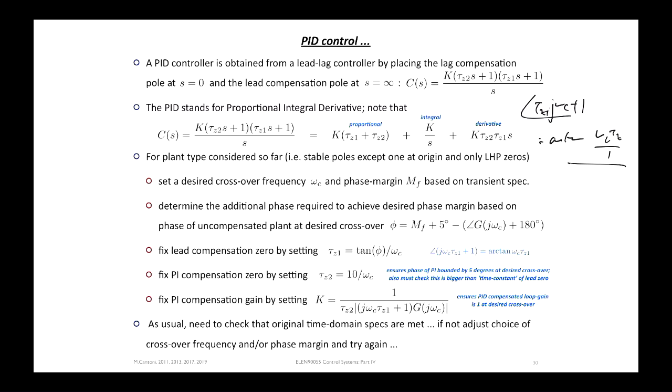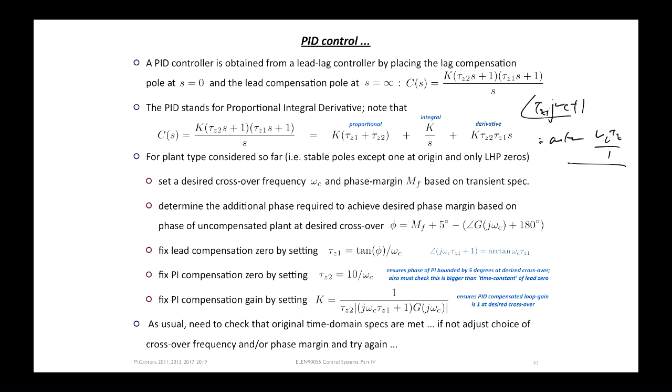So you can use how much extra phase you need to achieve your phase margin specification to choose that parameter. Choose the parameter of your lag part of the compensator corresponding to the zero such that the lag compensator is not going to interfere with what you've achieved with the other part of the compensator, by setting the location of the zero a decade below the desired crossover frequency.